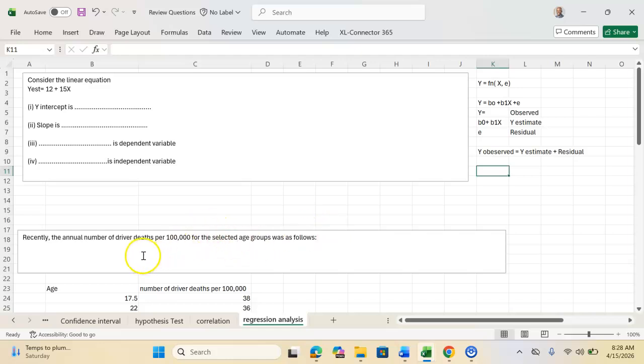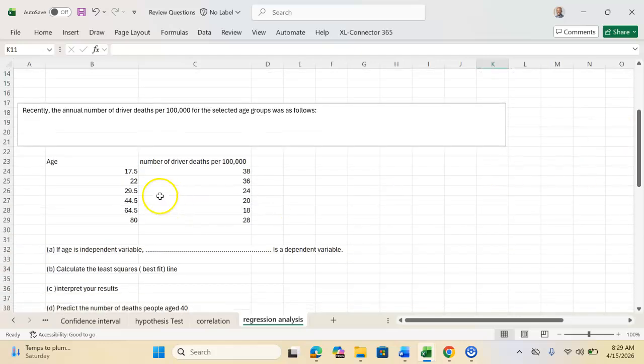So let's look at the second question. It says, recently the annual number of driver deaths per 100,000 for the selected age groups was as follows. Here we have age with values, and the number of driver deaths with values as well.